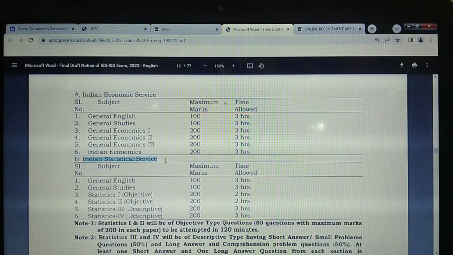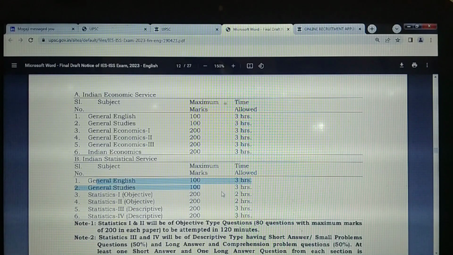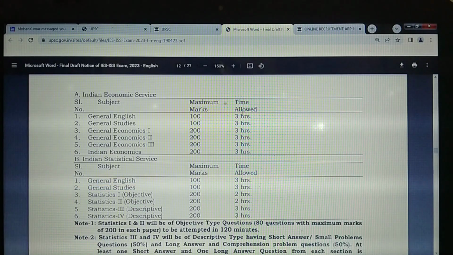And for the Indian Statistical Service, it is the same: general English 100 marks and general studies 100 marks, with a duration of 3 hours for these papers.